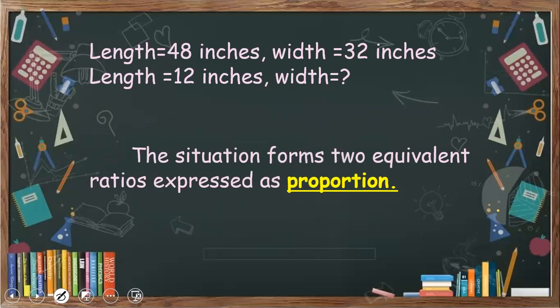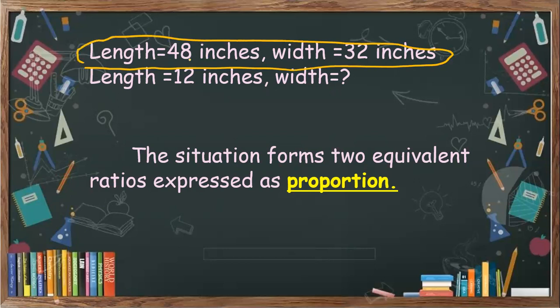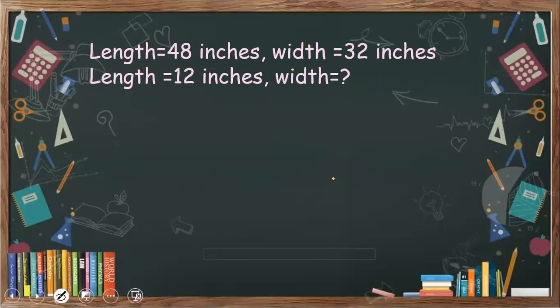The situation forms two equivalent ratios expressed as a proportion, because this is the first dimension of our television, 48 is to 32, while the smaller television must be equivalent to our bigger television, with the length of 12 and the width missing. So this is called a proportion. Remember that the situation that forms two equivalent ratios is a proportion.